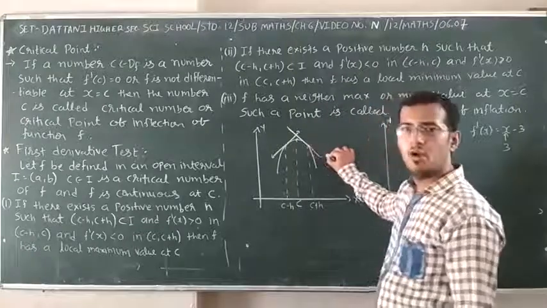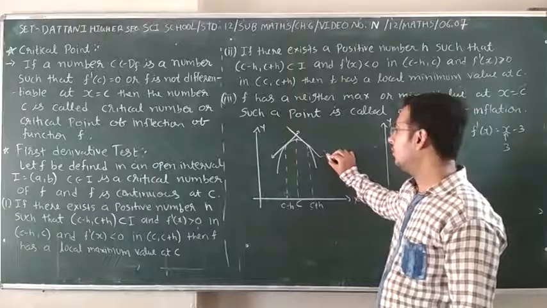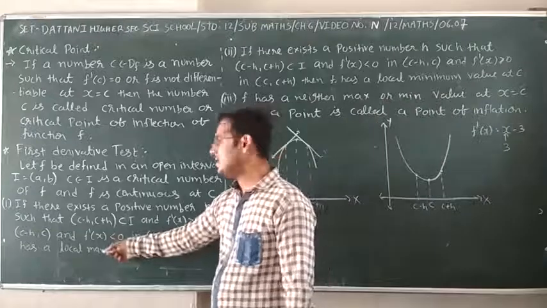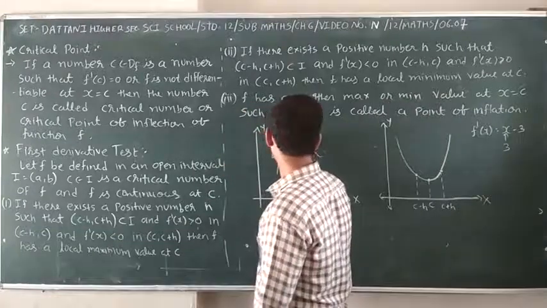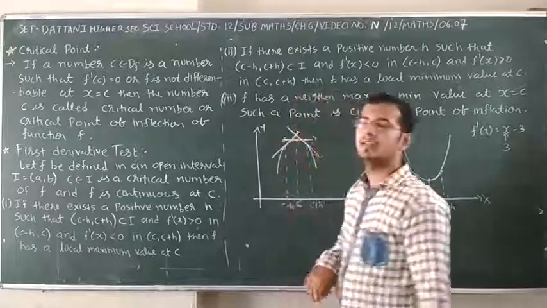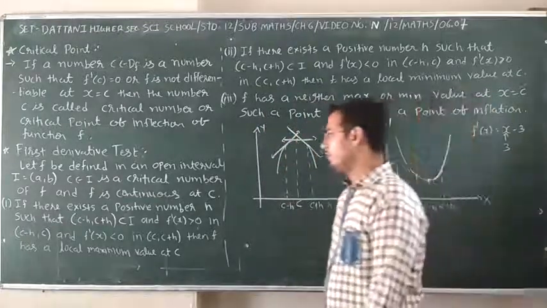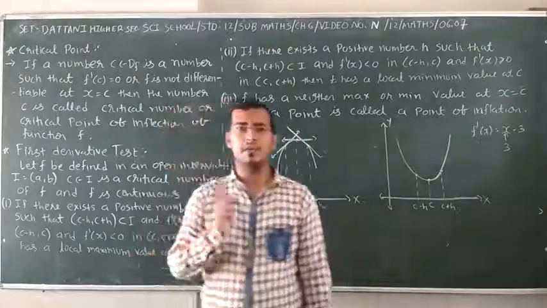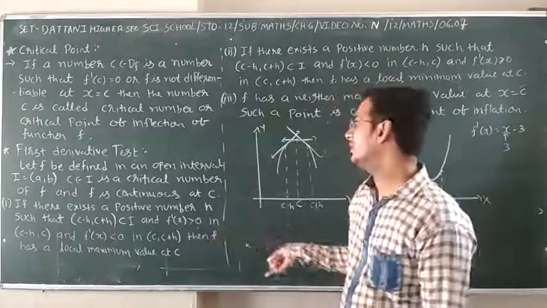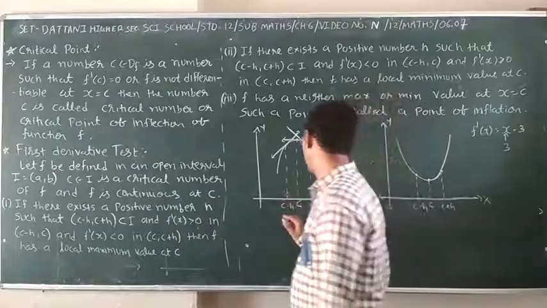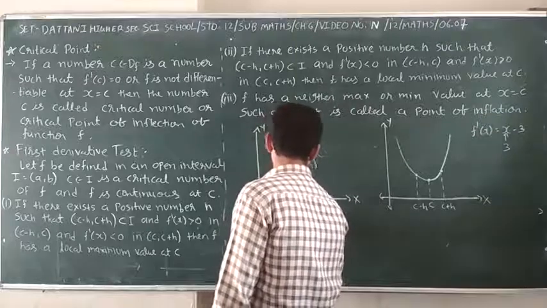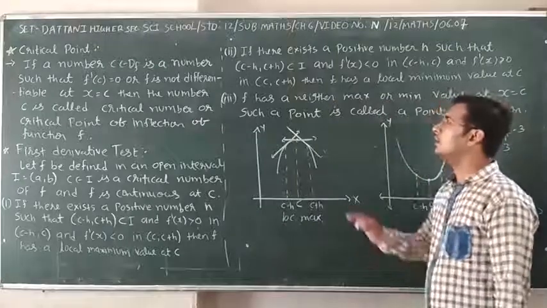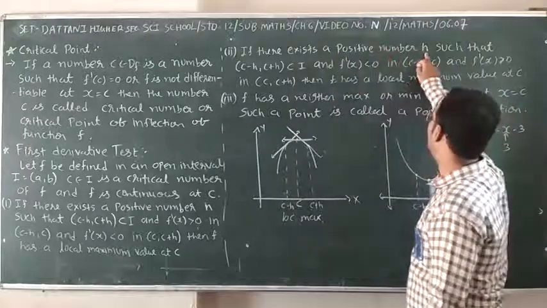It is in the second quadrant, so it becomes negative, then f dash x is less than 0, and at c, the critical point, the derivative becomes 0. Then f has a local maximum value at c. If we perform it like this, you get the graph for a local maximum.